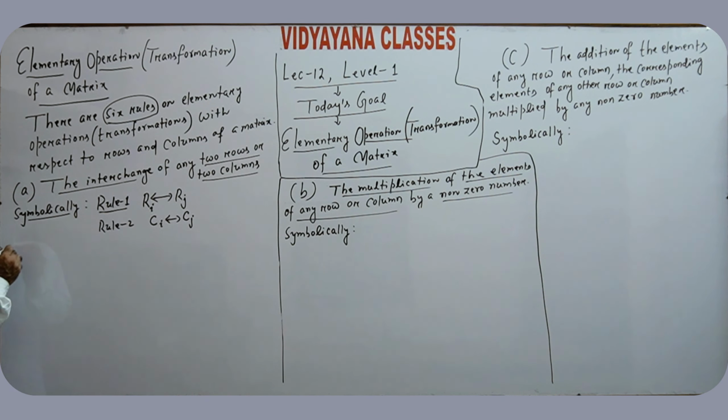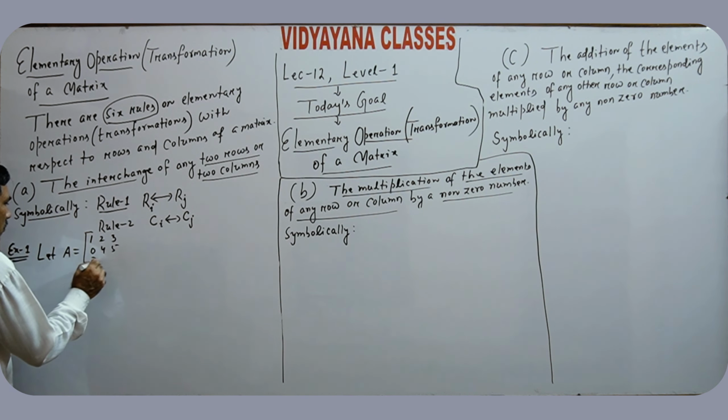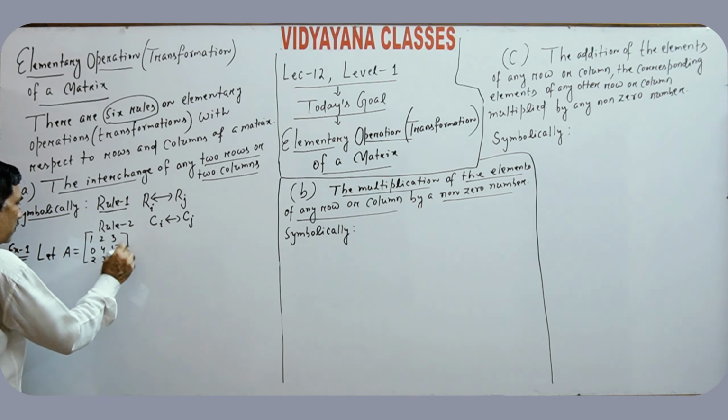For example, example 1. Let capital A be a matrix having elements 1, 2, 3, 0, 4, 5, 2, 3, 1.